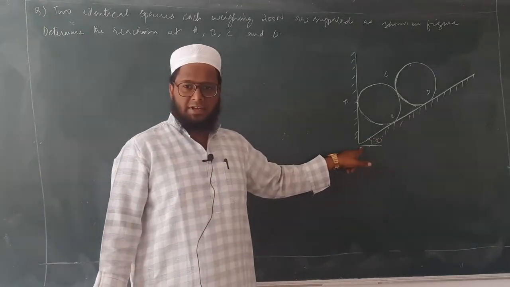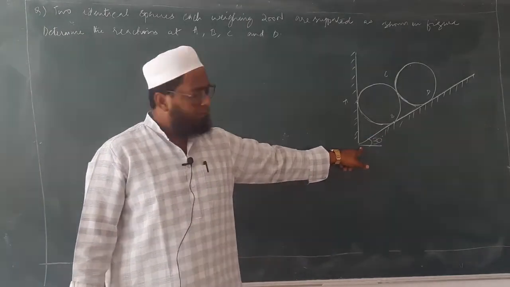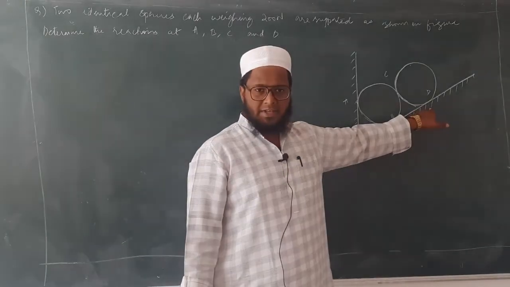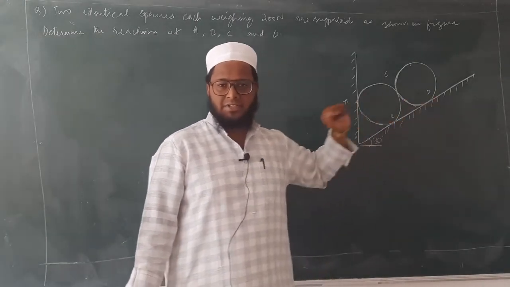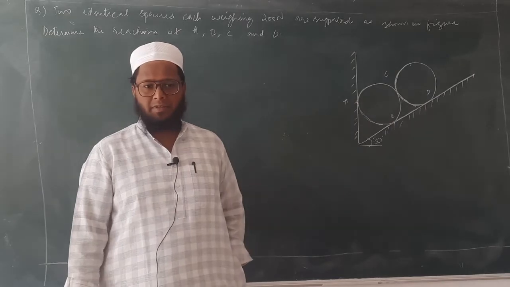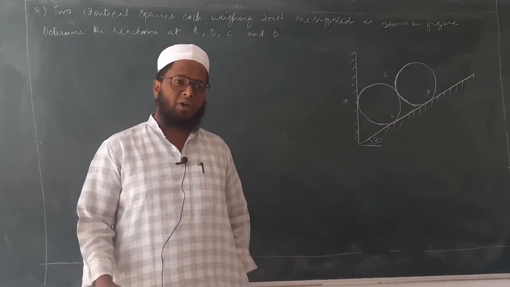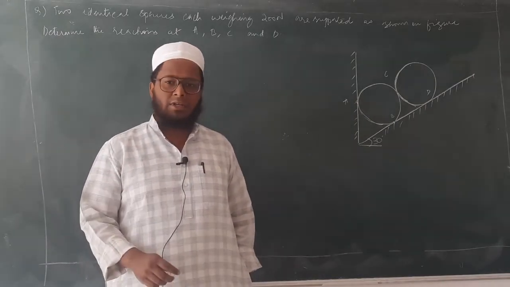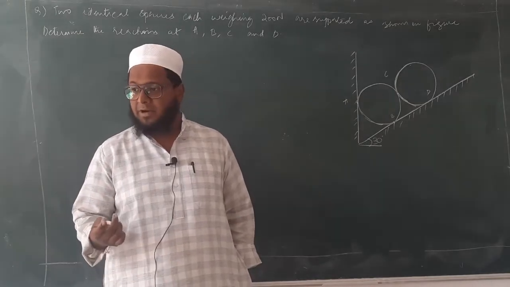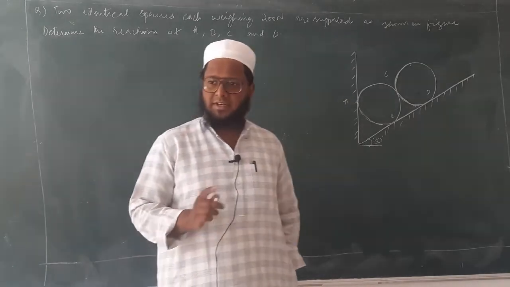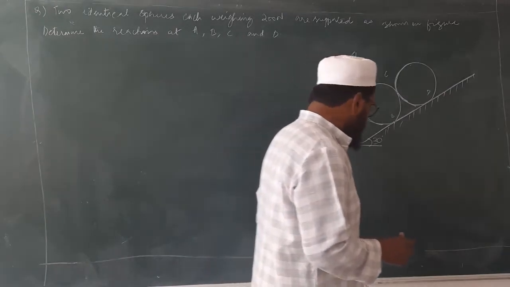Now what about this one? This inclination is given as 30 degrees to us. Now we have to calculate reactions at this point. So how will the reaction act for the inclined plane? The reaction will always be perpendicular to the surface. Perpendicular to the surface. Always the reaction will be perpendicular to the surface.